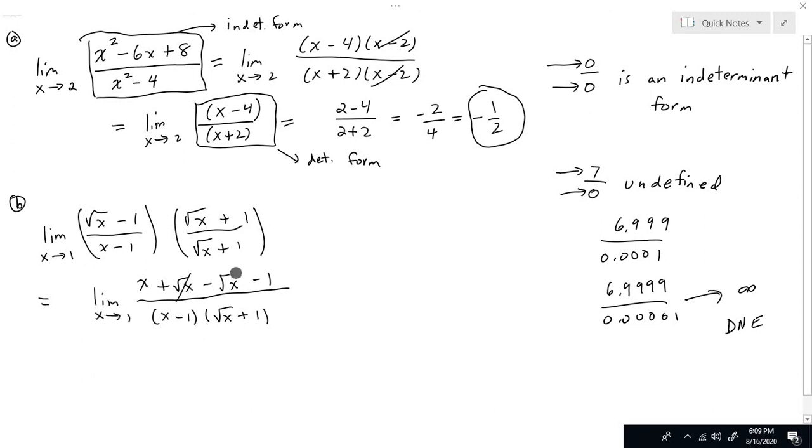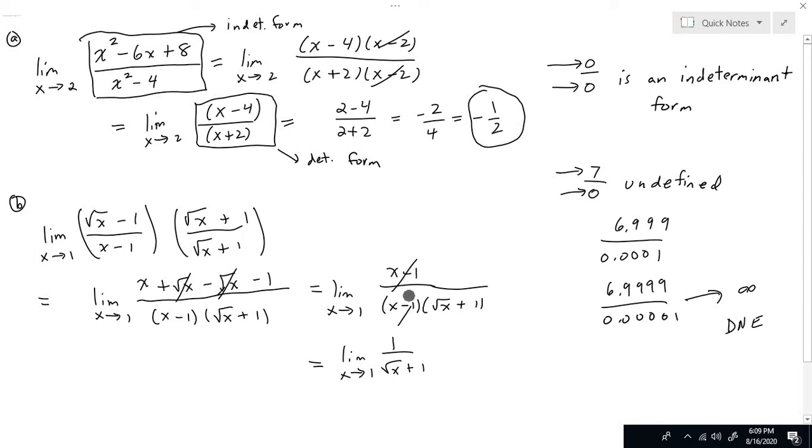Notice that these square root of x's cancel out, and you're just left with x minus 1 on the top, which of course cancels with the x minus 1 on the bottom, leaving you with a 1 on top. The moment of cancellation is the key here.